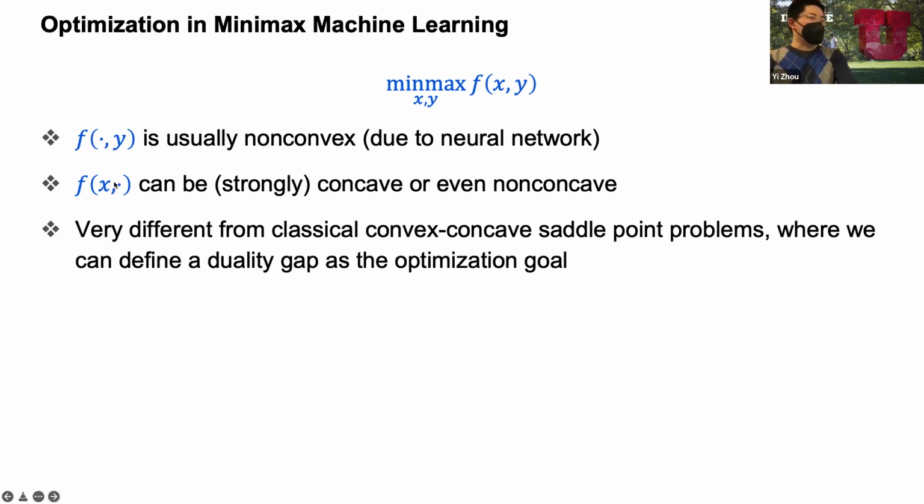And if we fix x and consider the other part, now in some applications this function can be concave or strongly concave, while in other applications it can be generally non-concave. So this is very different from classical saddle point problems where this bivariate function is convex in x and concave in y. Here we do not have this nice global geometry of the function.